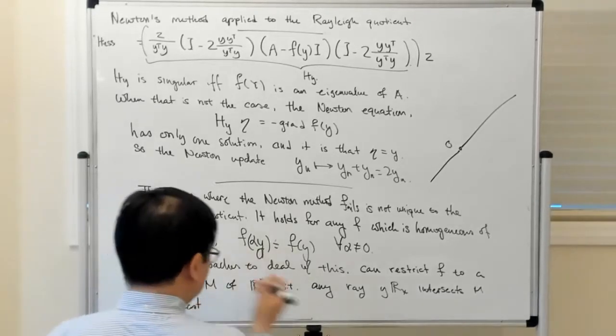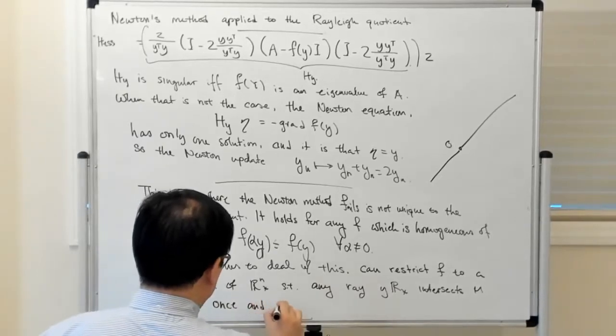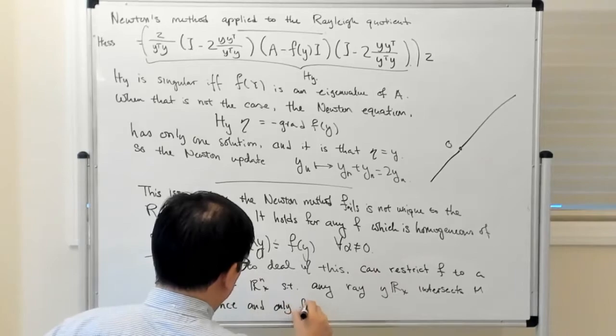There has to be a representative for every ray, and only finitely many times.